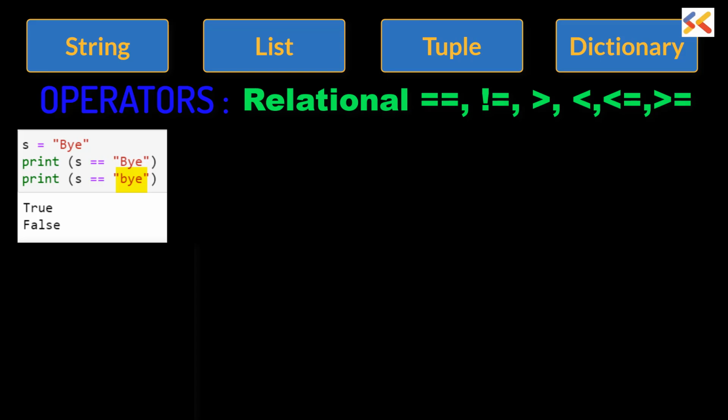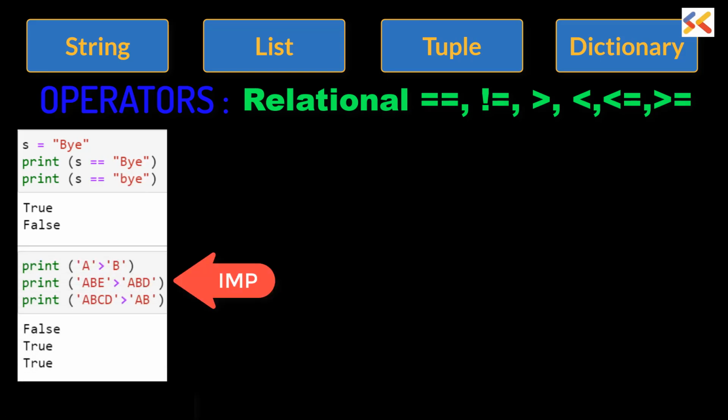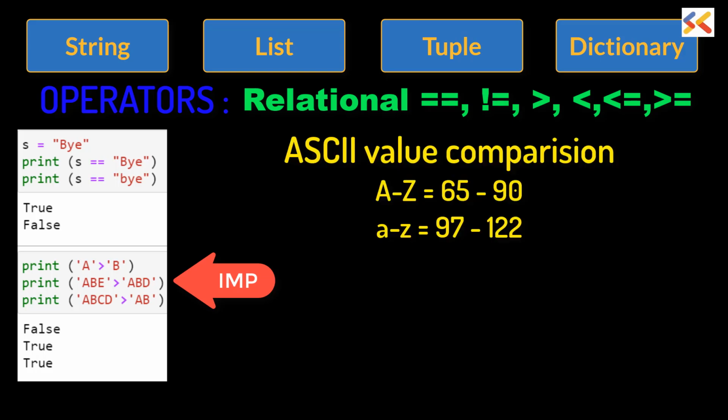We can also use greater than and less than to alphabetically sort strings. Here it does ASCII value comparisons. Like here, if I give A greater than B, it will compare 65 greater than 66 and it will give false.